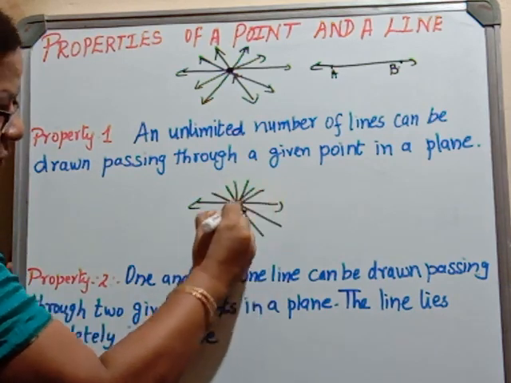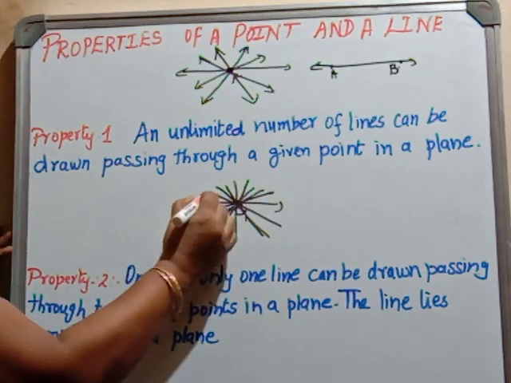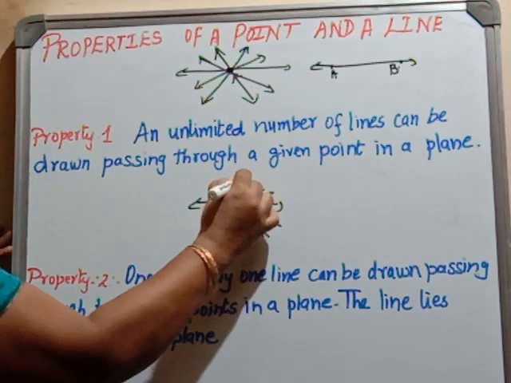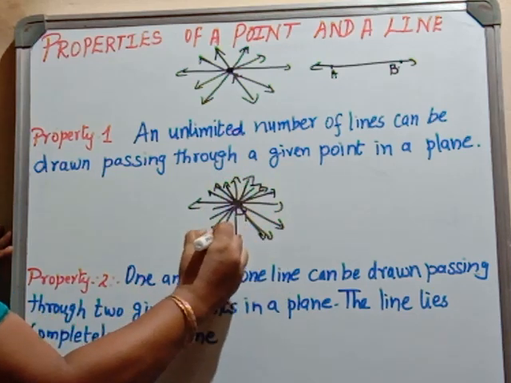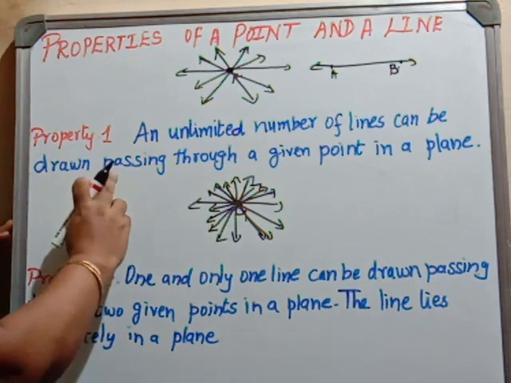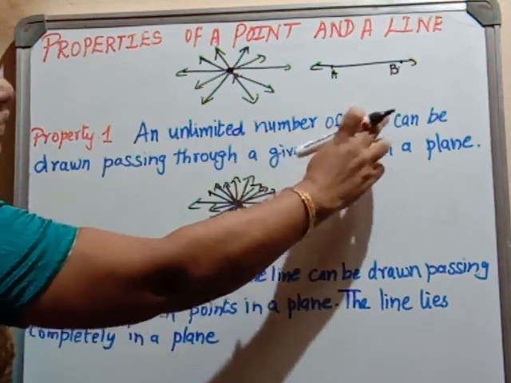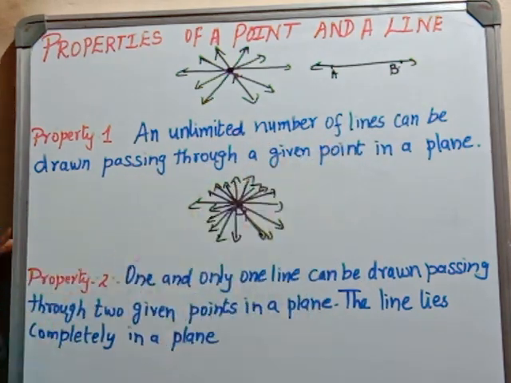How many lines you want, you can draw. Understand? That is the first property. So, what is property 1? An unlimited number of lines can be drawn passing through a given point on a plane.